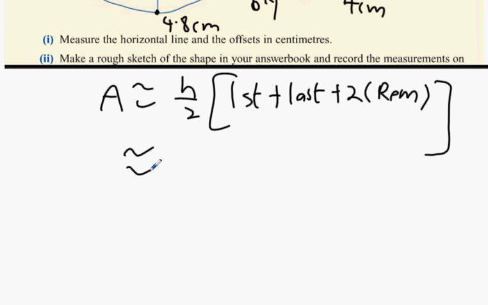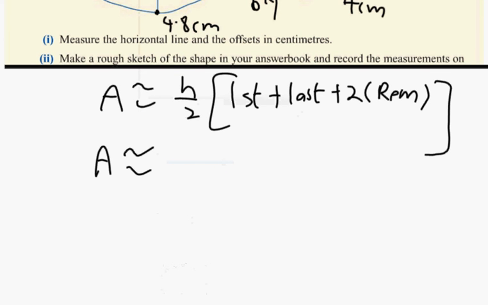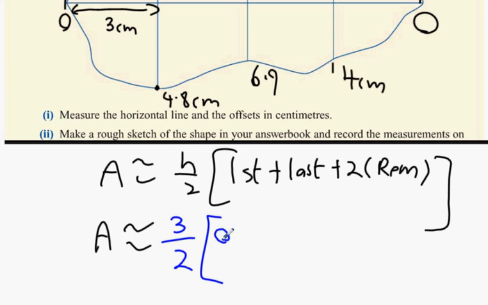Yeah, it's like a squiggly equals, just means it's roughly equals, but not exactly equals. Now guys, 3 over 2. First is 0. The last, 0. 2 times the remainders.